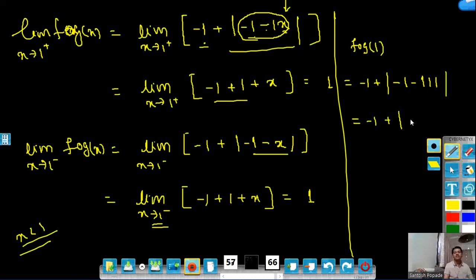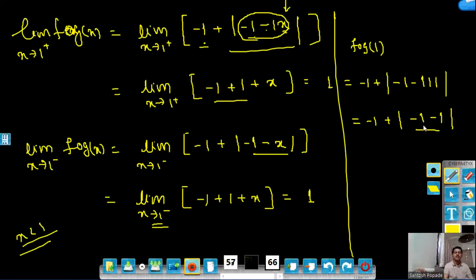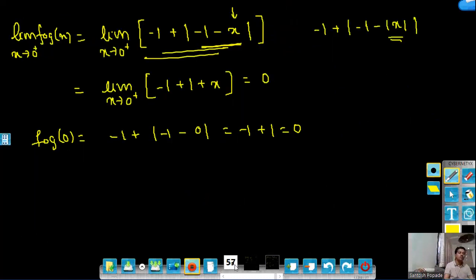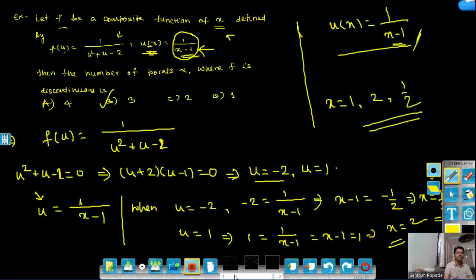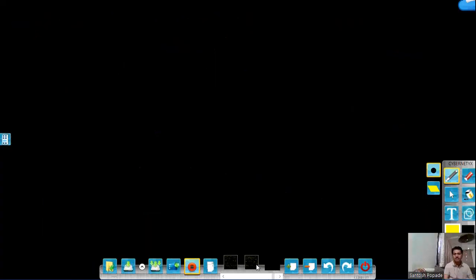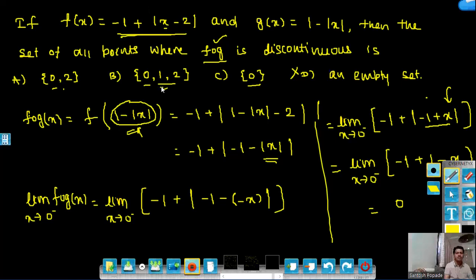Okay, again that modulus term is a negative quantity. Minus 1 minus x, where x is positive, so both have minus sign. Minus 1 and minus some positive number is there, so it is negative, and to take its modulus I should multiply by -1 and I will get this. So once again I got the right-hand limit to be +1 and the left-hand limit to be +1, and similarly you can go for f(g) of 1, and that also comes to be +1.